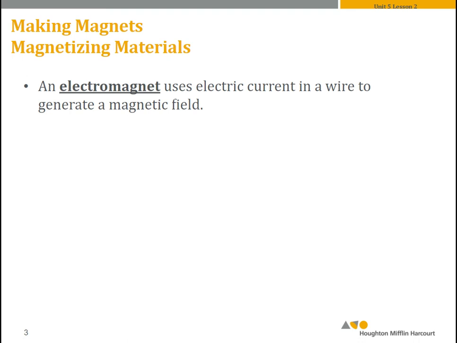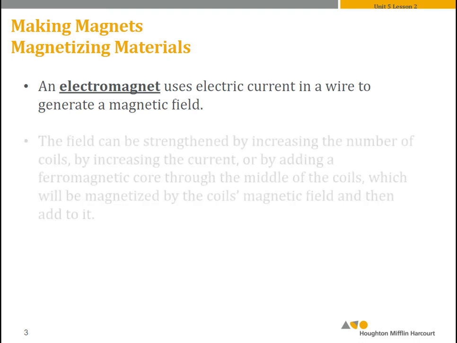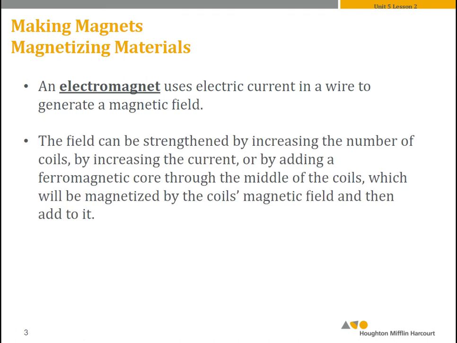The more coils you have in your electromagnet, the stronger your electromagnet can be. So you can adjust the strength of an electromagnet. You can change the number of coils. You can change the current.